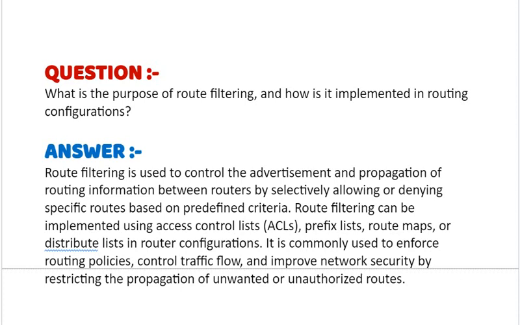Route filtering can be implemented using access control lists, ACLs, prefix lists, route maps, or distribute lists in router configurations. It is commonly used to enforce routing policies, control traffic flow, and improve network security by restricting the propagation of unwanted or unauthorized routes.